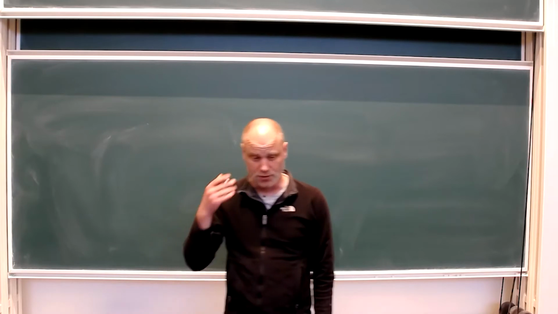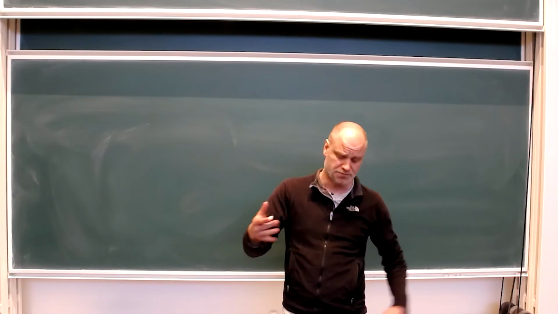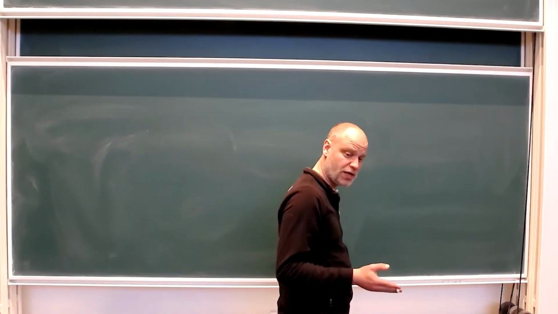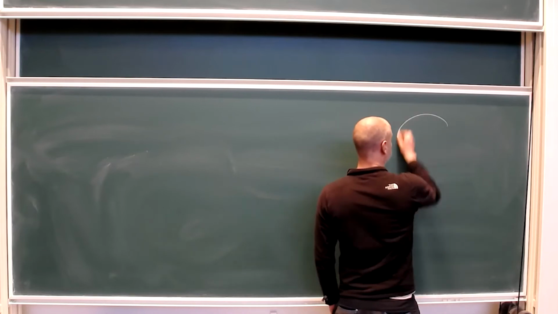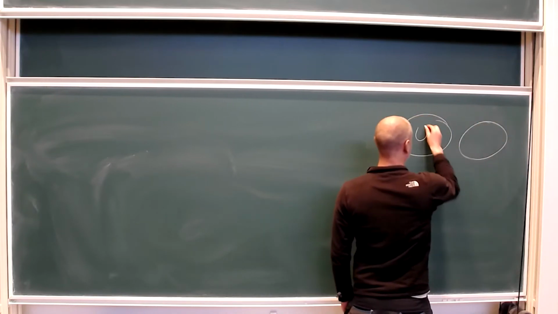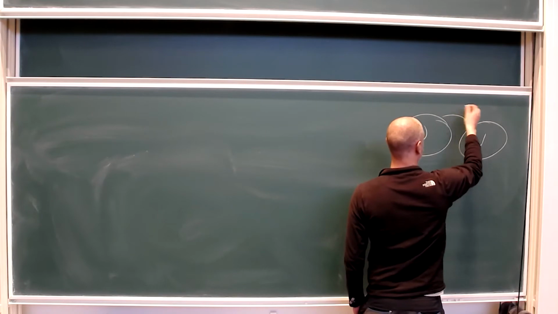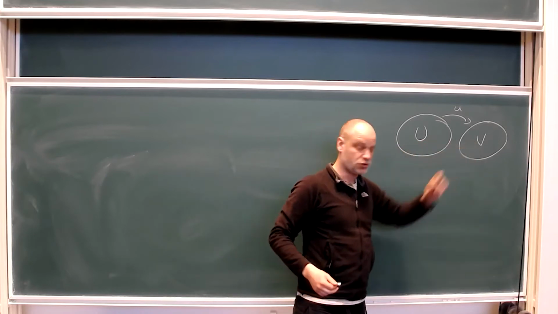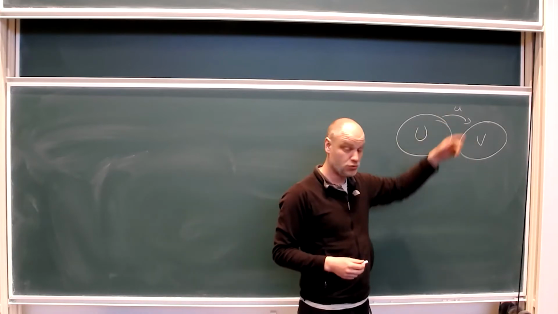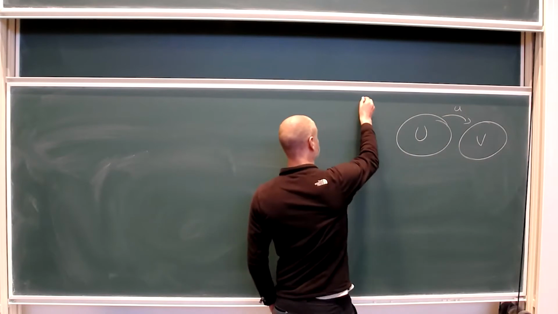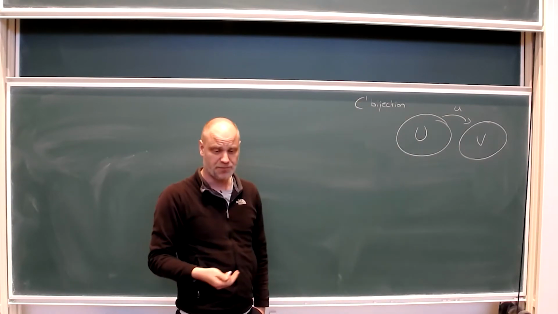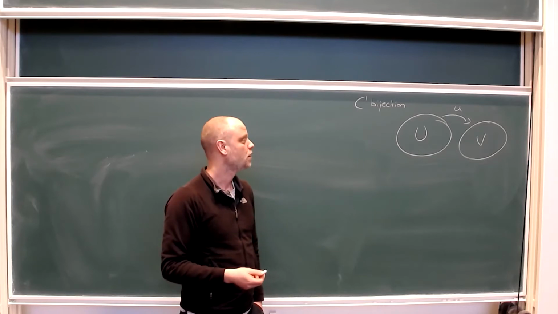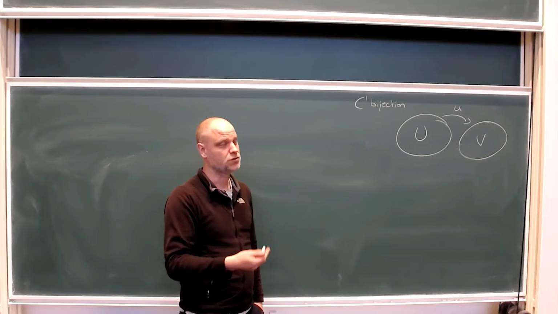Before I tell you the details of the proof and the constructions, we of course need to discuss for what things it holds. Already here, there's much more than meets the eye. We have these two sets U and V, and a small function u. The sets should be open, and u should be a C1 bijection, meaning that it is differentiable at all points and the partial derivatives are continuous functions.